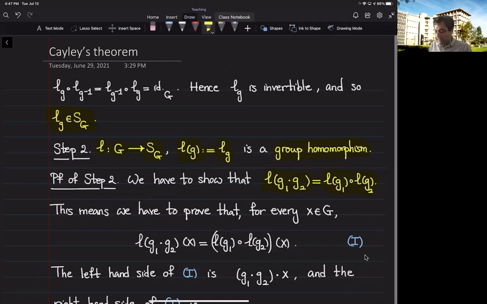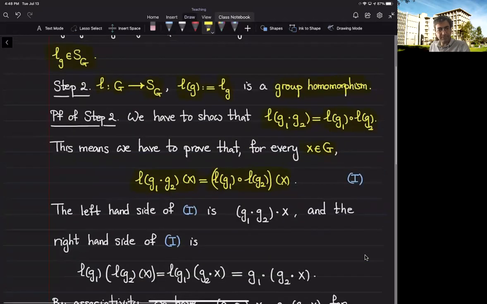And that means I need to check that for every x in the domain, what I get from the first function is the same as the thing that I get from the second function. So this is my goal. I want to show that what this function gives me at x is the same as what this function gives me at x. Okay, now let's start with the left-hand side.